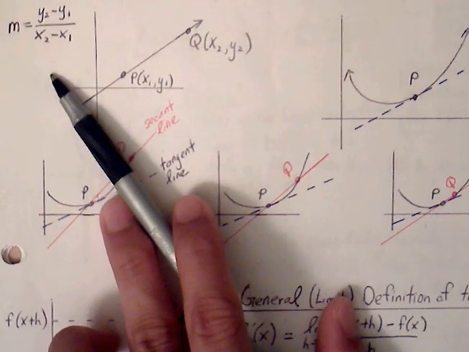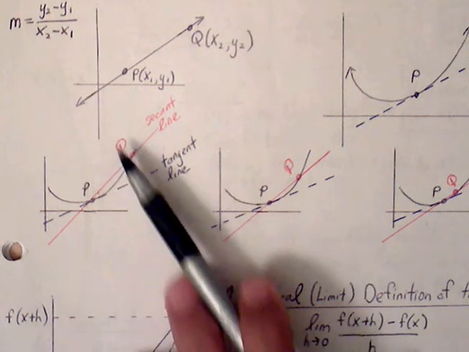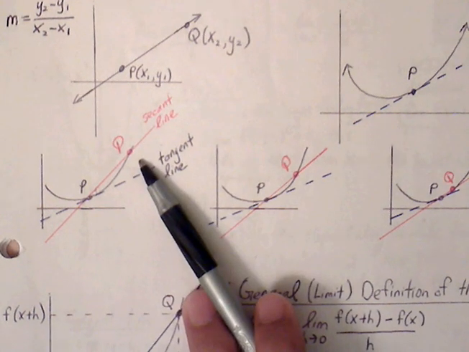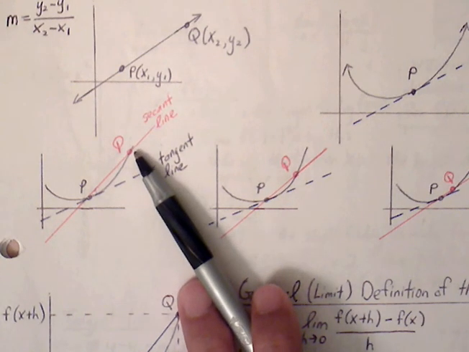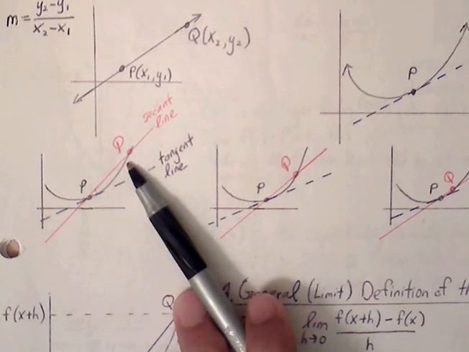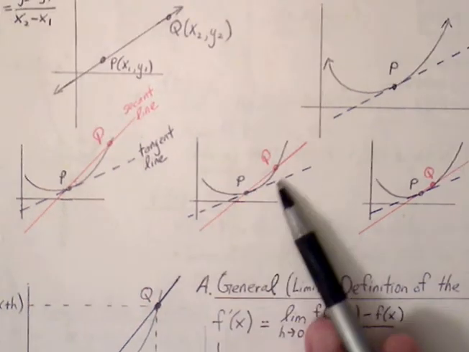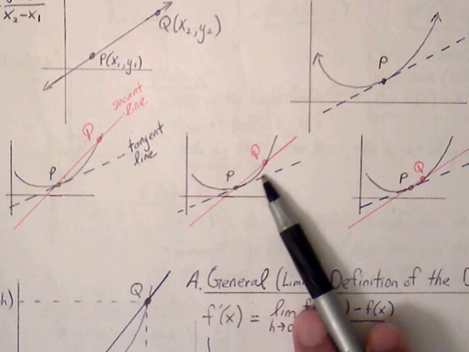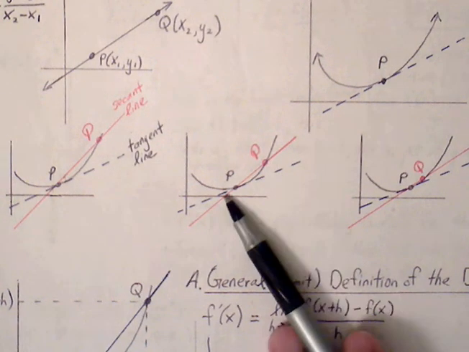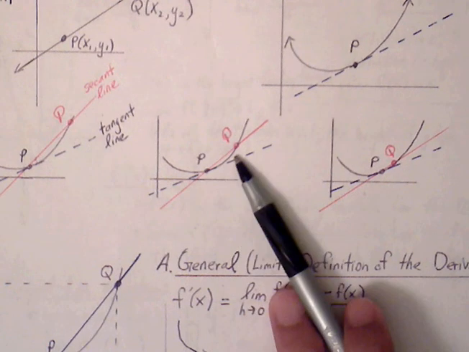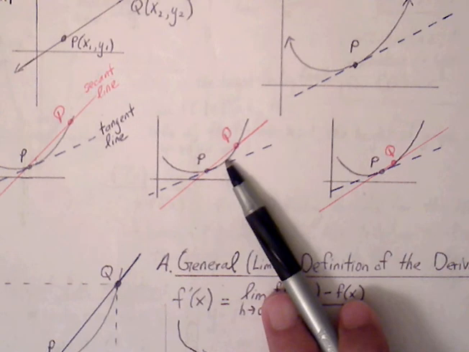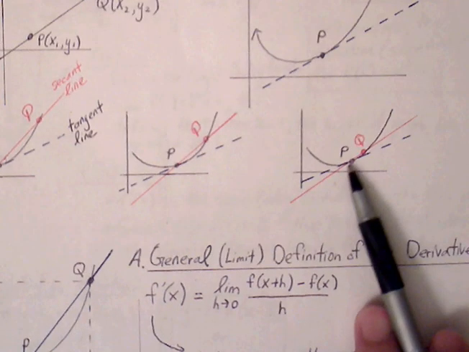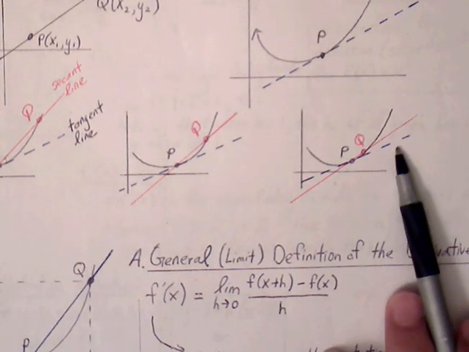Now what we can do to improve the approximation of the slope of the secant line PQ is move point Q closer towards point P. So if you see, as we move point Q closer to point P on the curve, the slope of the secant line is going to improve, and is going to look closer and closer to the slope of this tangent line.